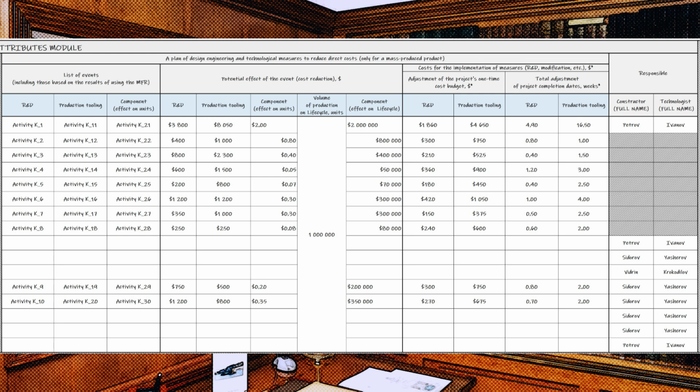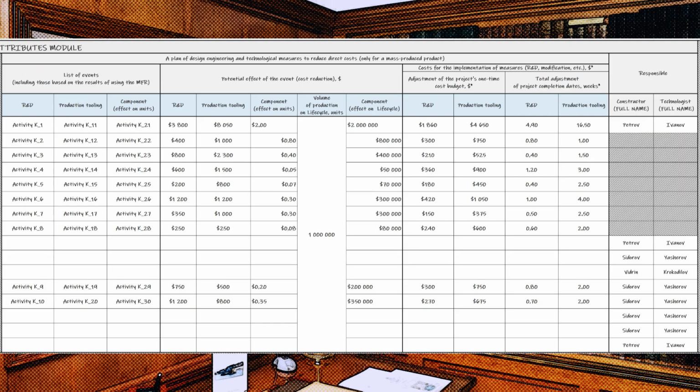Let's note an important nuance of the project manager's perception of the information from this subunit of the design engineering module, which is most conveniently formulated in the form of question and answer. Question: what does the total time adjustment of 16.5 weeks mean?